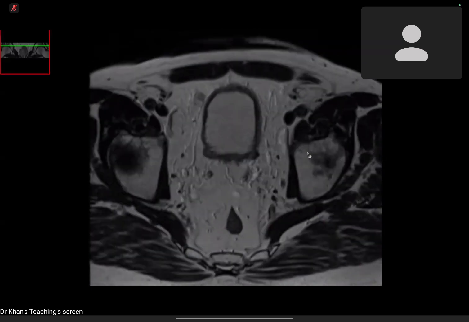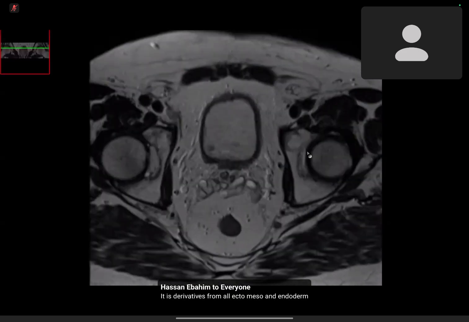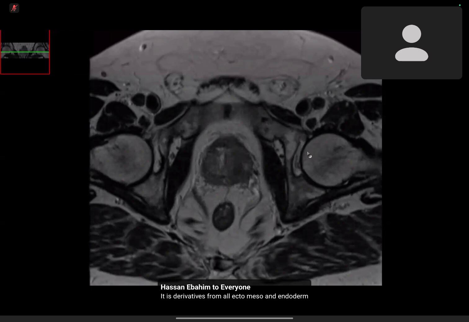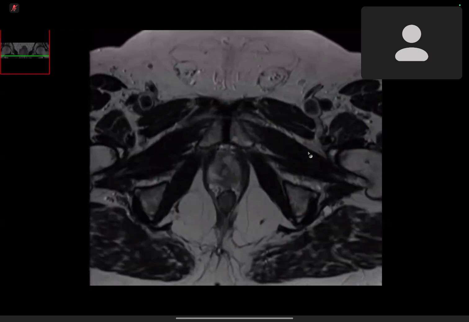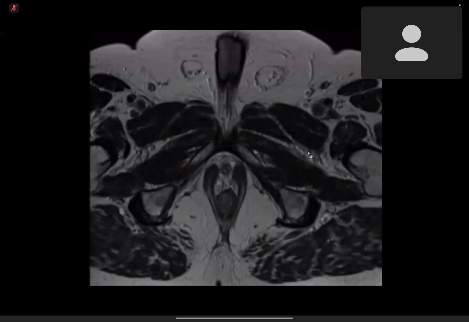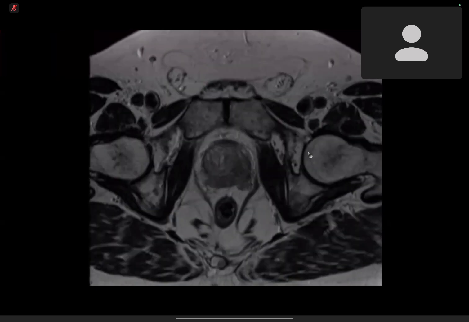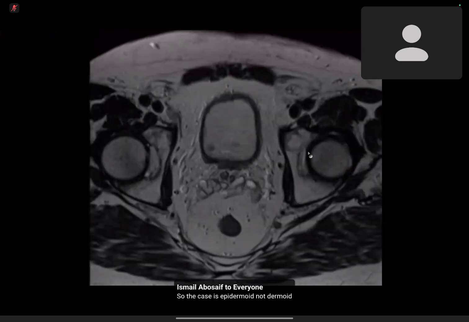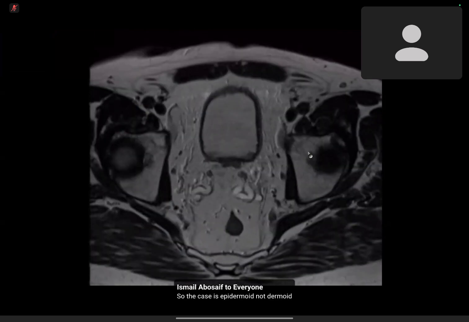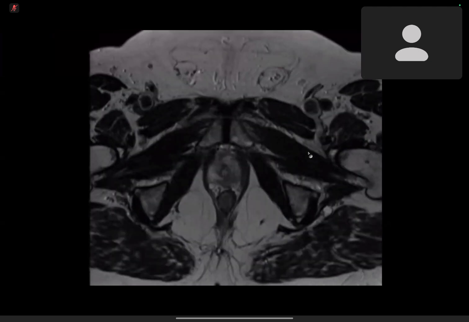In my routine practice, I'll check for any T2 hypointense lesion and also the diffusion weighted and the post contrast sequence to rule out any prostatic carcinoma. Apart from that, I would like to check the rest of the areas as well. Apart from the prostate, the seminal vesicle appears normal, and the bladder shows mild wall thickening, otherwise it appears normal.